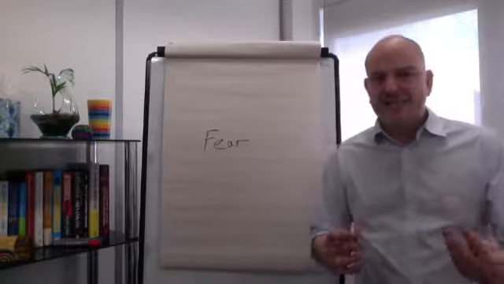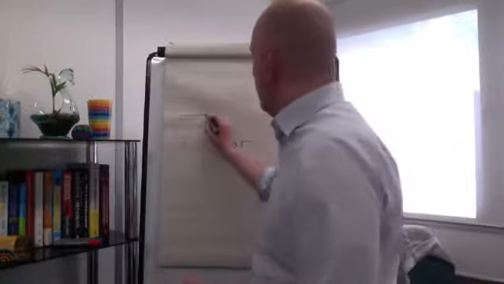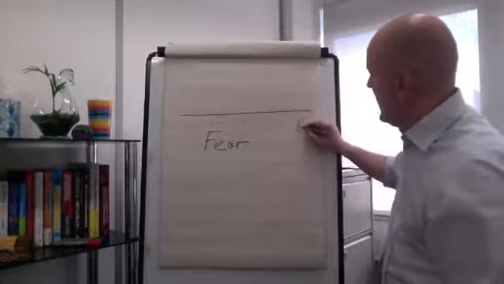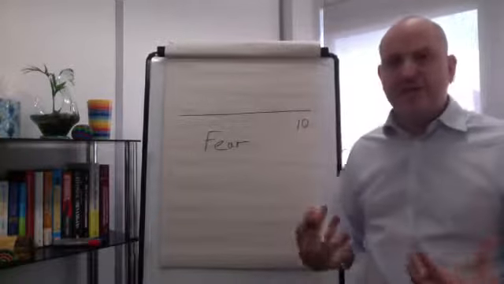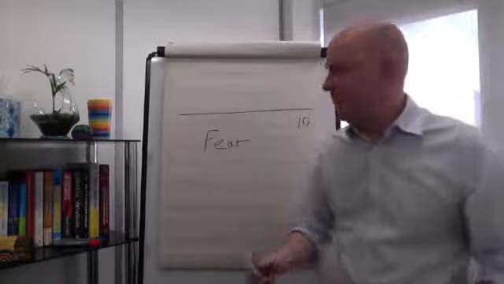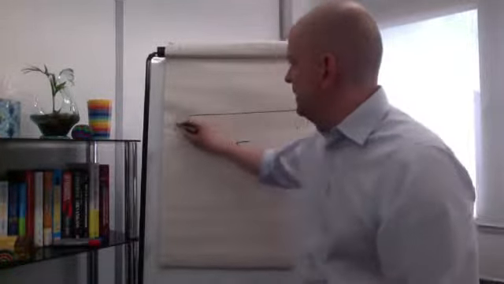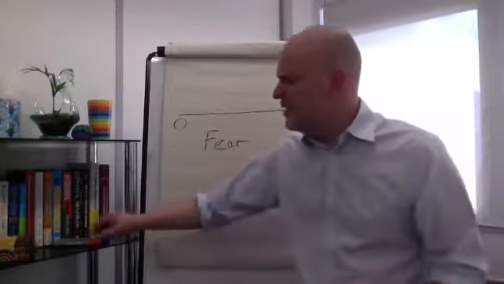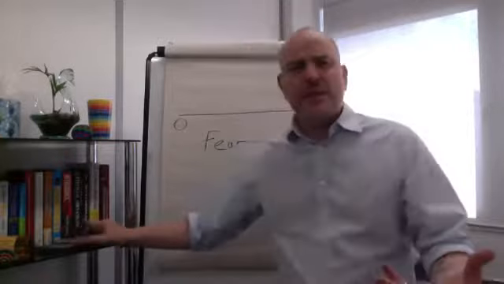The skill is to think about the intensity at which you feel the emotion. So here on my line, I have 10, which is feeling the emotion really, really strongly. And here, I have 0, not feeling the emotion at all. So let's go back to our example of fear.